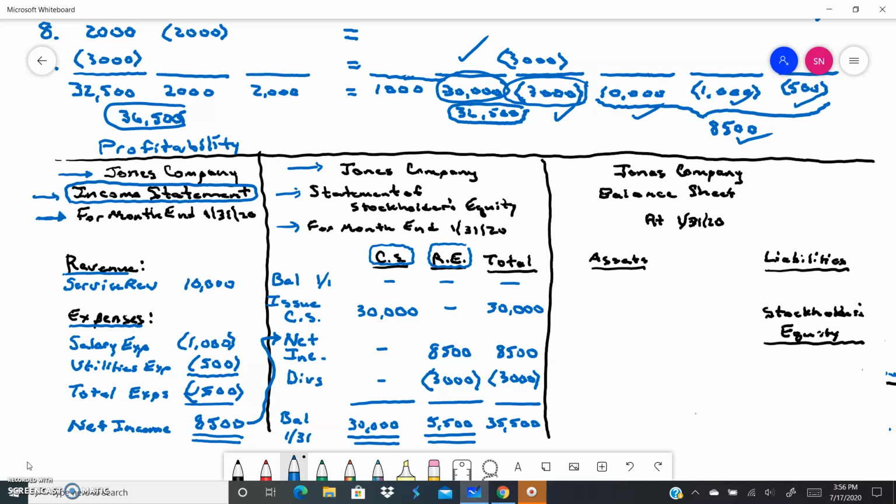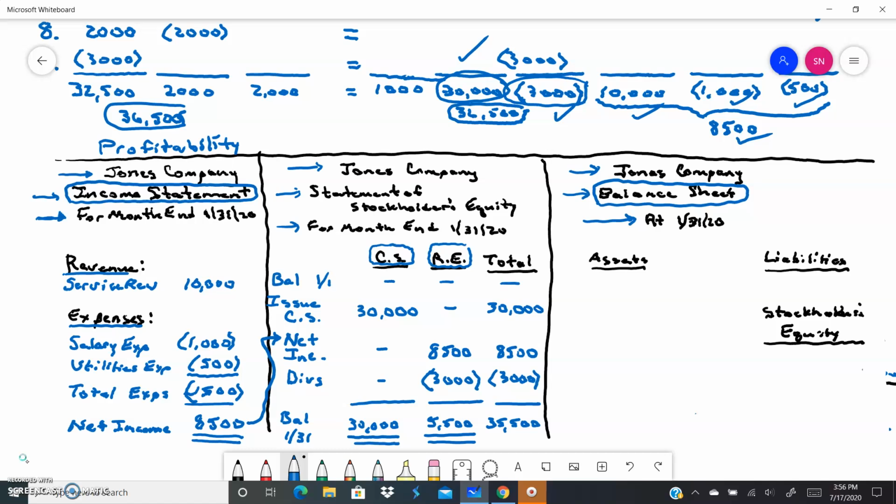So the next statement is in fact our balance sheet. Again, same heading, a company name, name of the statement. But the balance sheet is going to be at a point in time. It's not for a period of time. We want to know what our financial position is at a point in time. How much cash is in our account as of January 31st.